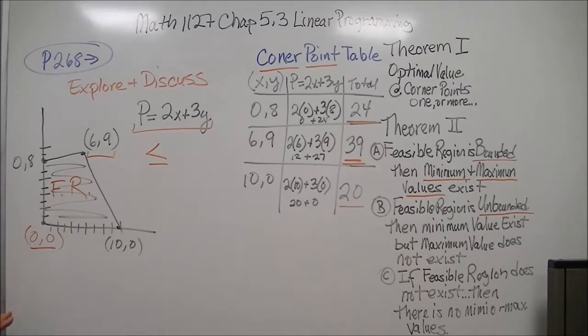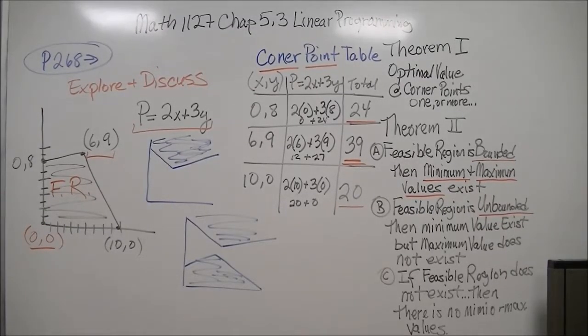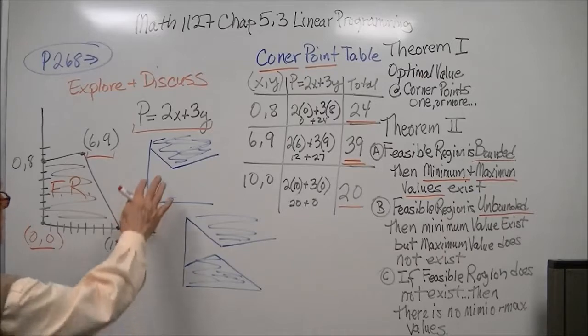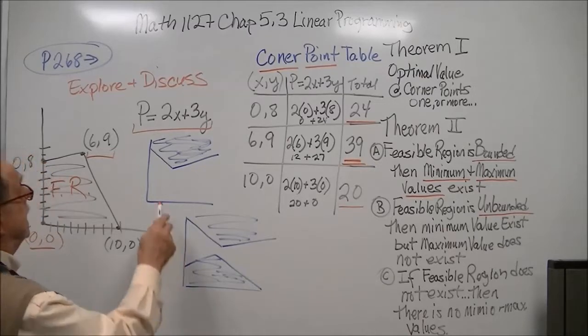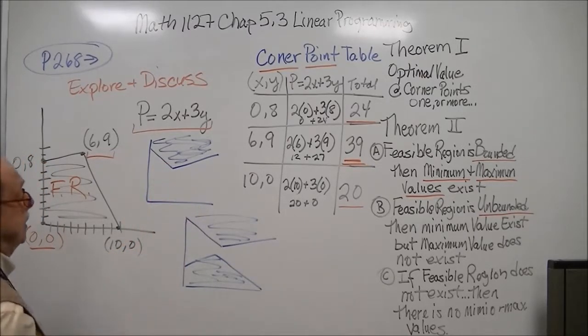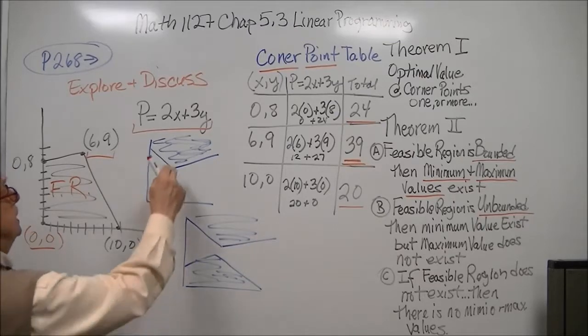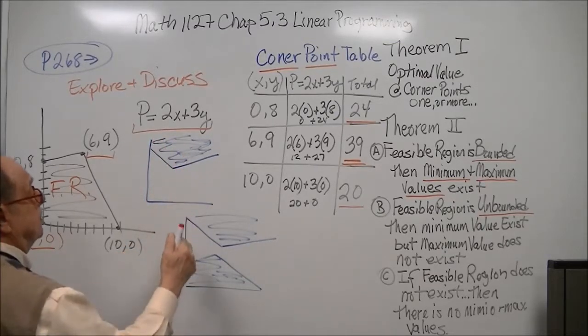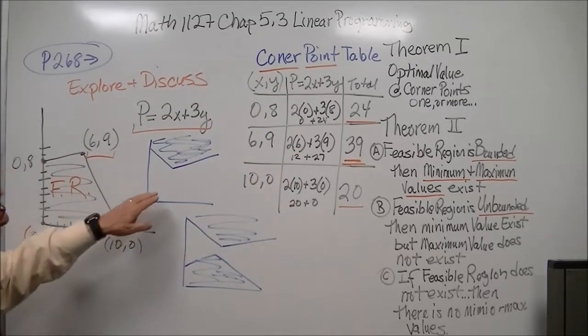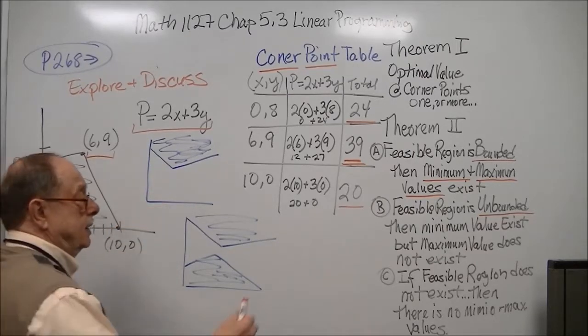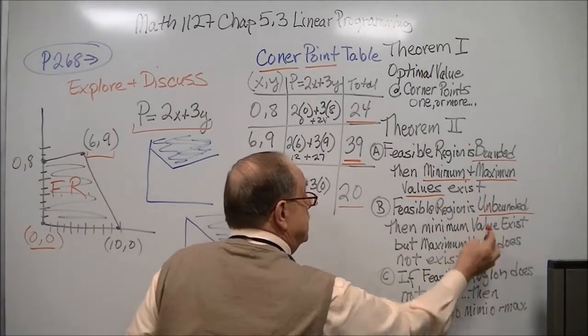I'm going to put another diagram up and we'll get to our other 2 points here. Now, I didn't make these very fancy, they're just to illustrate something. As we look at this particular graph, we see the feasible region is there and in a sense extends beyond. So in this graph, the feasible region is unbounded.